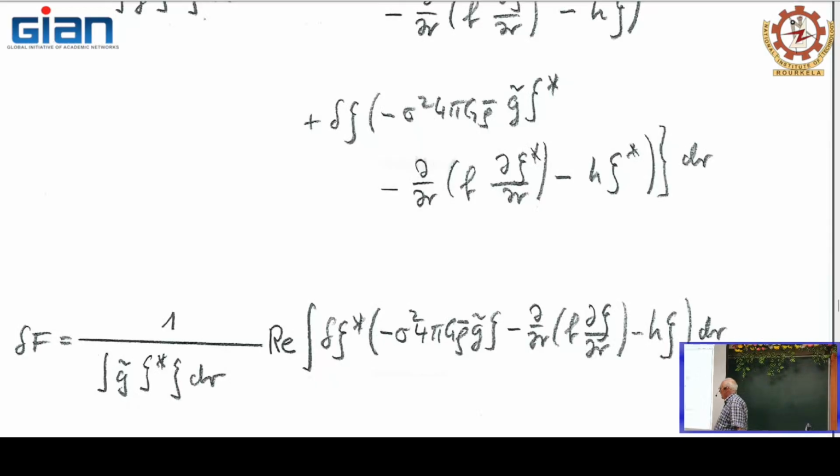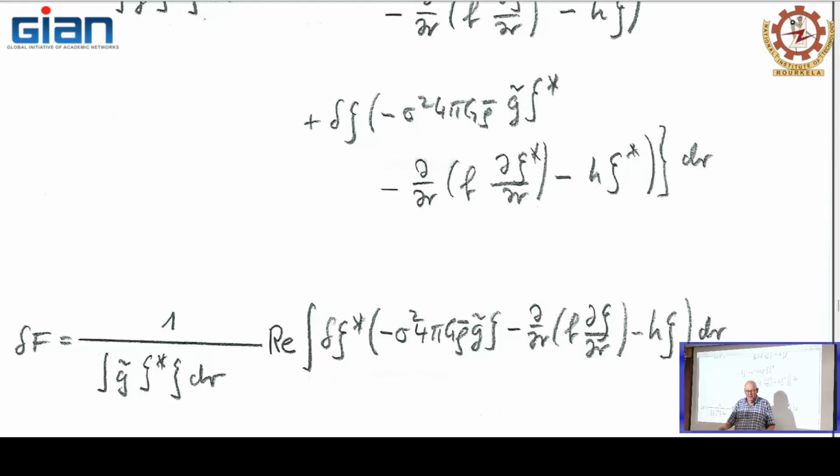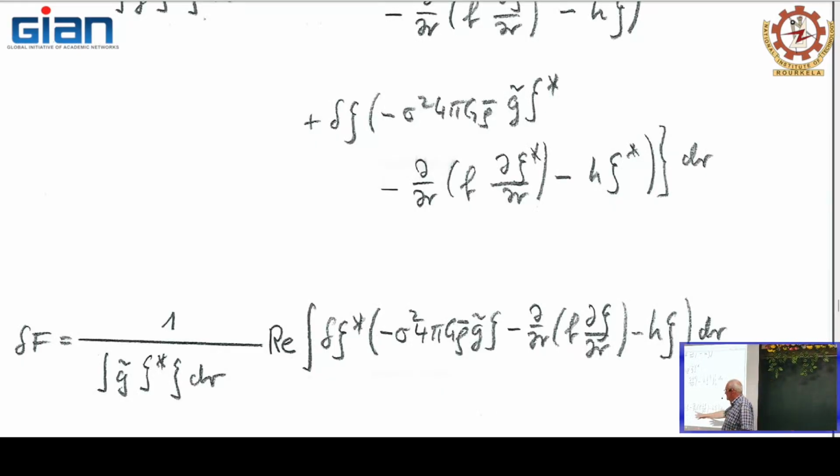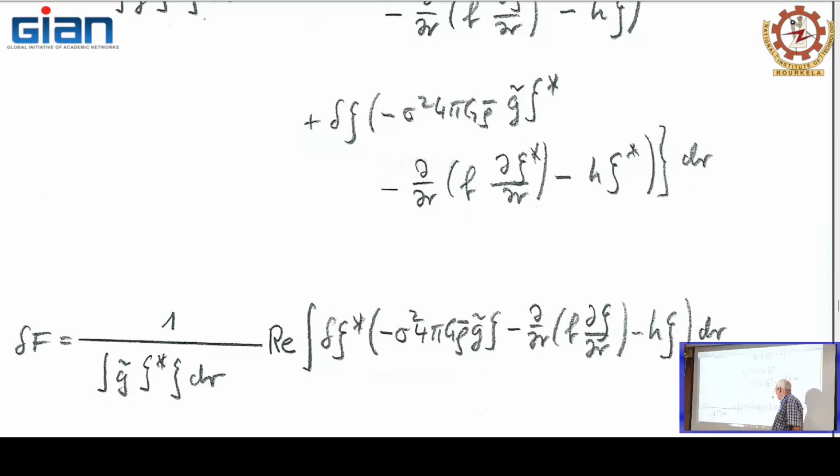If delta zeta star is arbitrary, and we are looking for the condition which follows from delta f equal to 0, then this integral has to vanish. That means the bracketed term has to vanish.